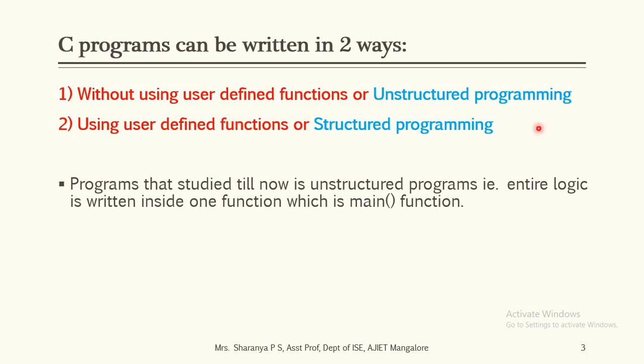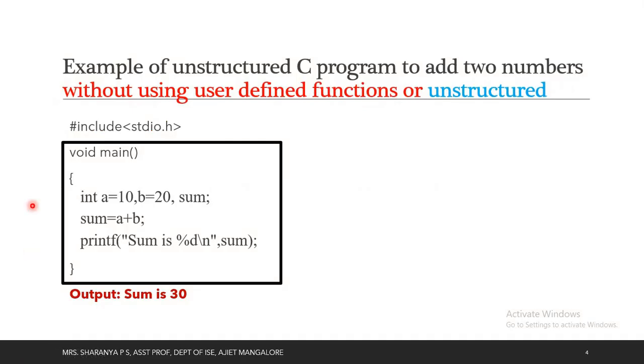Whereas in structured programming, the user writes separate code that we call a function, and that function will be called by the main function. That is what we refer to as structured programming. Now, if we look at the example here, to perform the addition of two numbers, this is what we refer to as unstructured programming, since the user has not written any separate function for the addition.